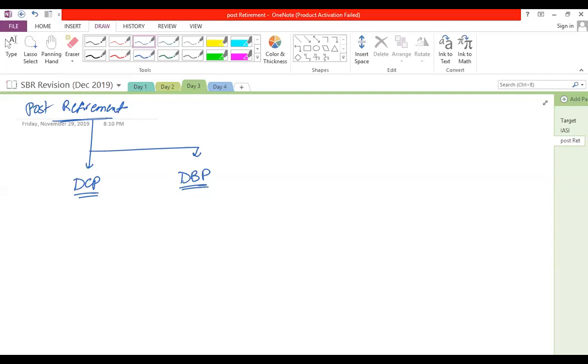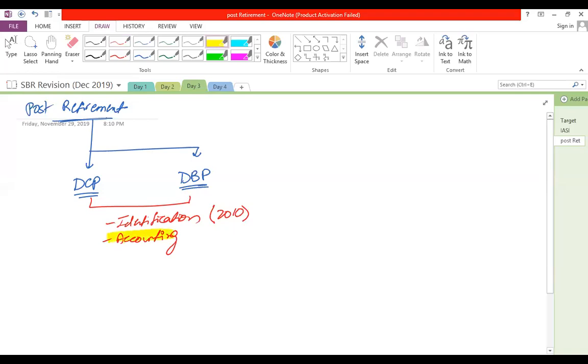One is the defined contribution plan, and the other is the defined benefit plan. Now we should be aware of 2 types of areas: the identification of these 2 and the accounting of these 2. Even the identification was last asked in 2010. After that, the identification has not been asked. Since then, the examiner is focusing more on the accounting. So we will start from the basic accounting, but we will also have a small discussion on the identification.